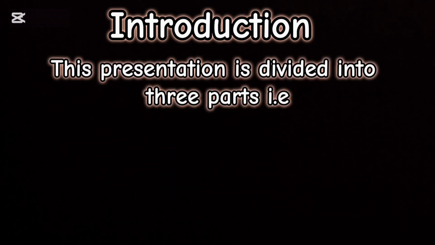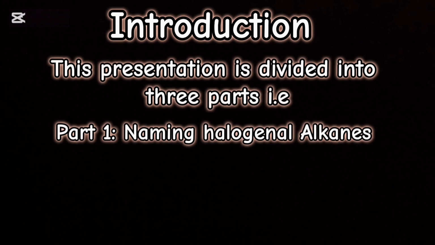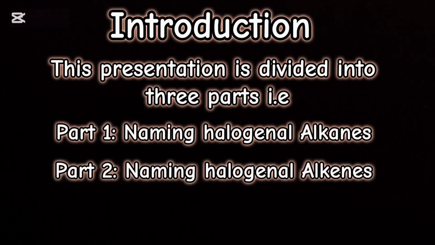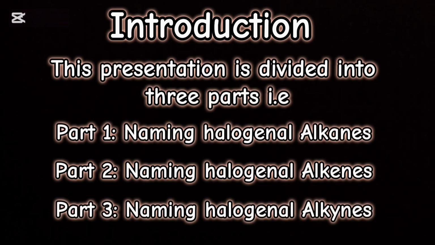This topic is going to be subdivided into 3 parts. In the first part, we shall learn how to name halogenoalkanes. In the second part, we shall learn how to name halogeno-substituted alkenes. And in the last part, which is the third part, we shall learn how to name halogenoalkynes.